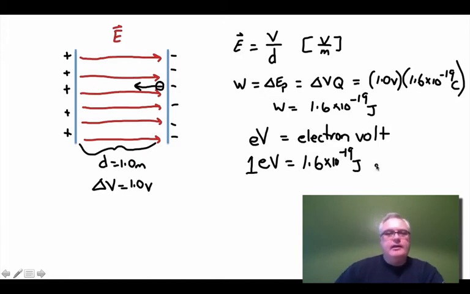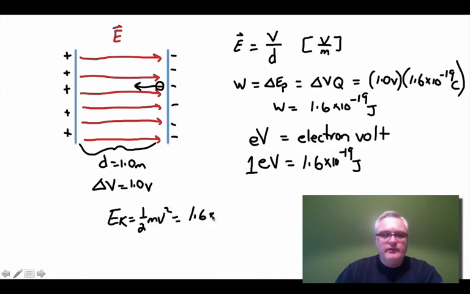So the other thing that's interesting about this electron is we know that it's gaining energy. So we know that it's gaining, in this case, kinetic energy, and it's gaining 1.6 times 10 to the negative 19 joules of energy. So the kinetic energy gained by this electron, 1/2 mv squared, is equal to 1.6 times 10 to the negative 19 joules.